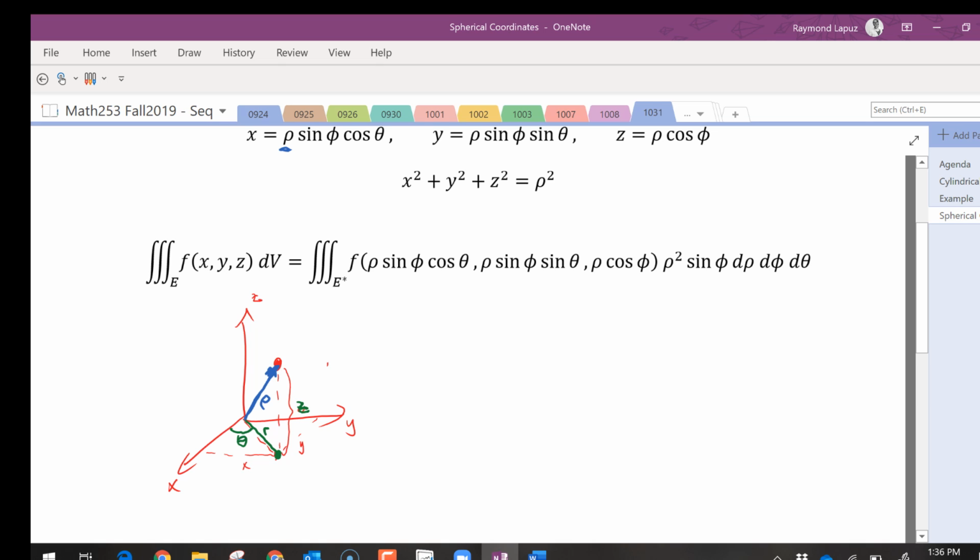We see theta, and that's the same theta that was used in cylindrical coordinates. So now there's this angle phi. So what is phi? Phi is an angle measurement from the positive z-axis. So rho equals a three-dimensional distance from the origin to the point.